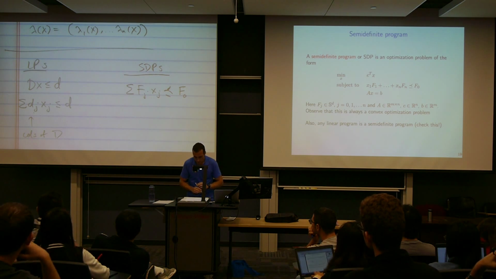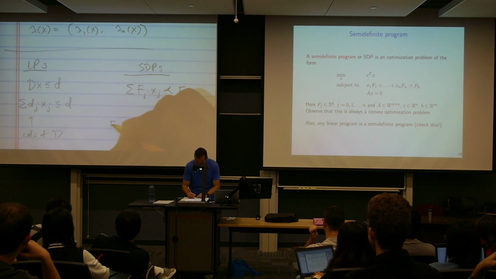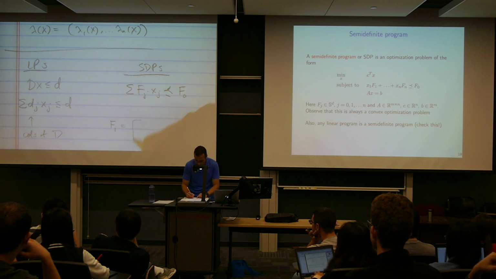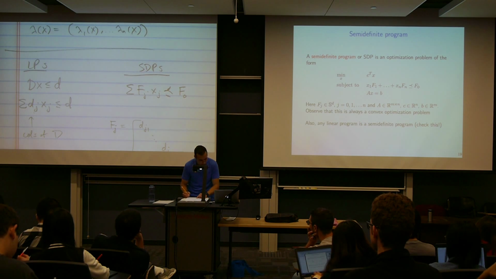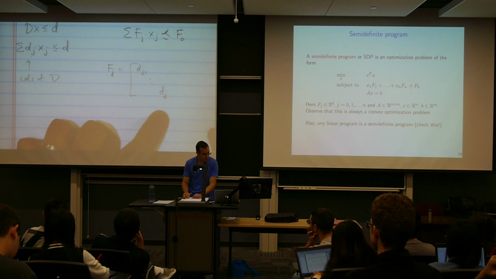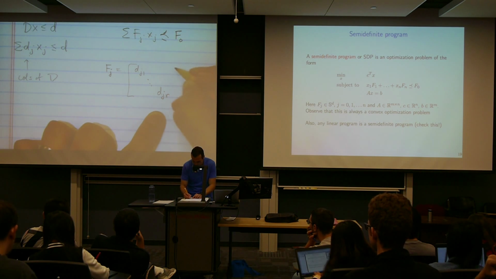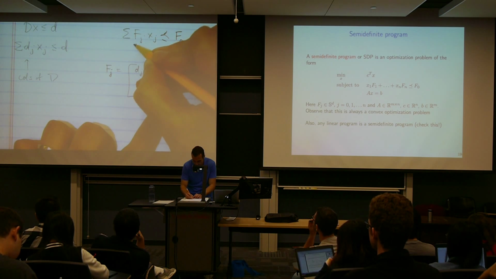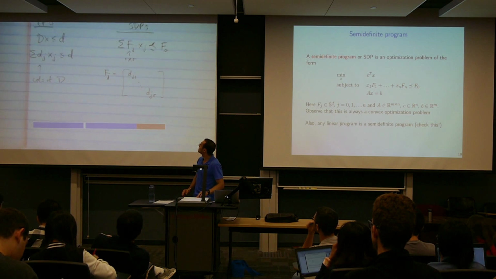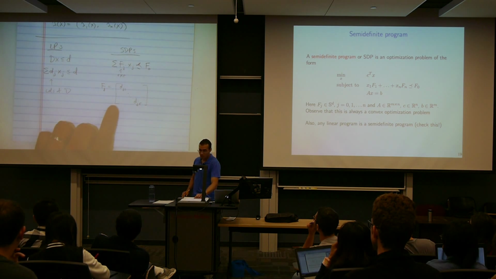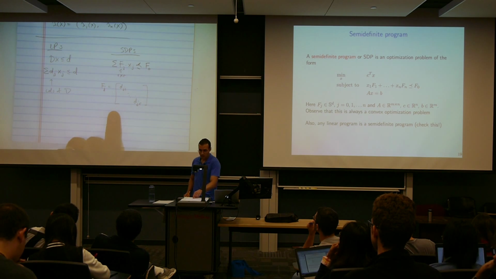Exactly. So let's define F1 to be the matrix that has diagonal entries, or I can even say Fj is a matrix with diagonal entries dj1 all the way through djr. I called the dimension d, so that's going to look nasty, but let's just call it r. Supposing these were r by r matrices, and I made all the other entries 0. And I did the same thing for F0.